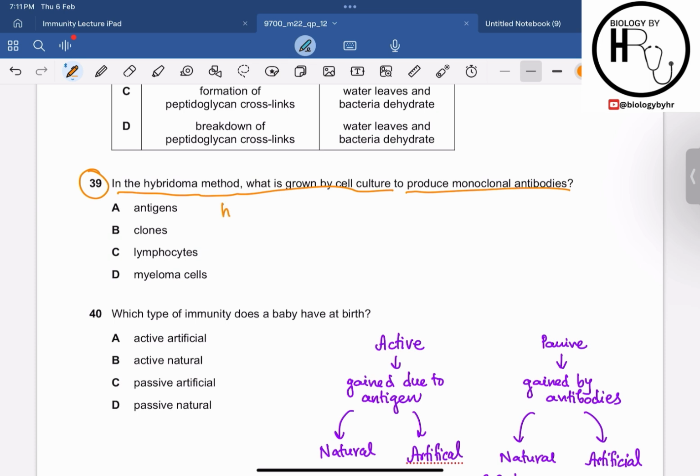Now we know what the hybridoma cells basically are. Hybridoma cells are made by combining the plasma cells and the myeloma cells, right? And they both combine together to form the hybridoma cells.